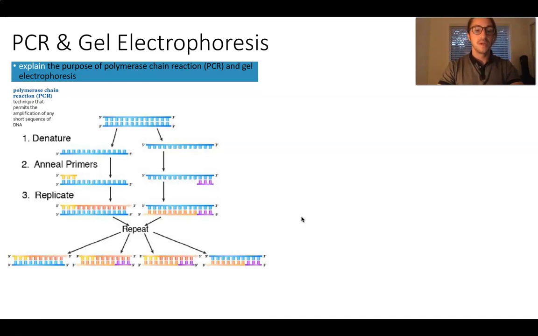So say we have successfully amplified our DNA sample, the next step is to try and figure out what the DNA actually tells us, and this is the process of gel electrophoresis.